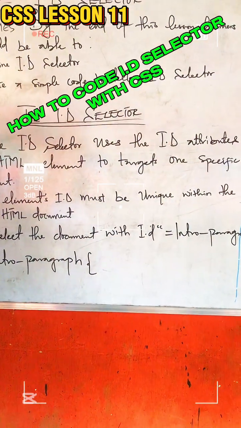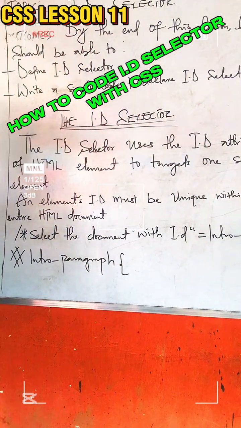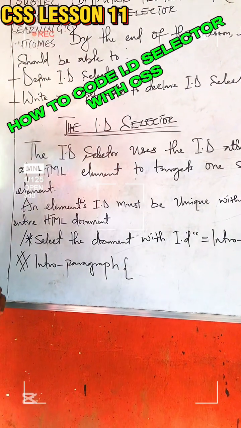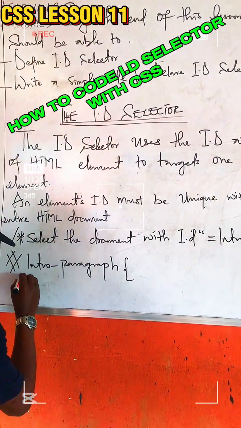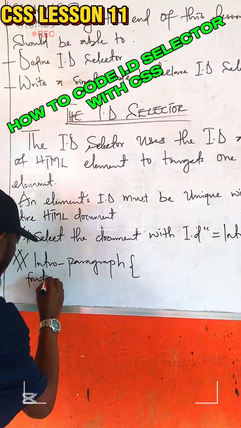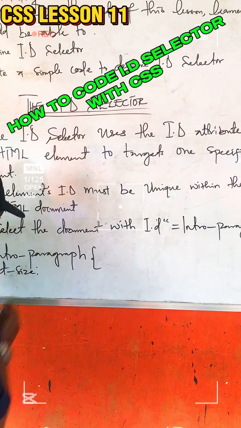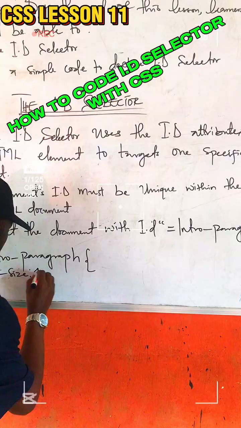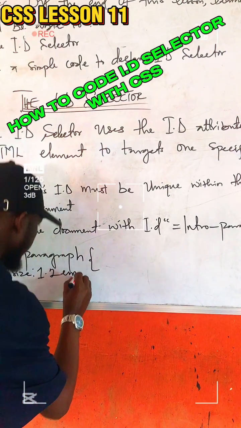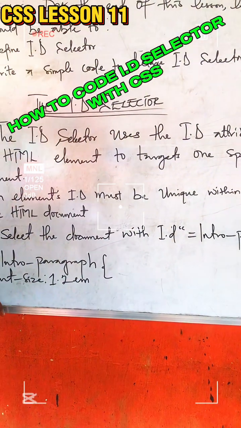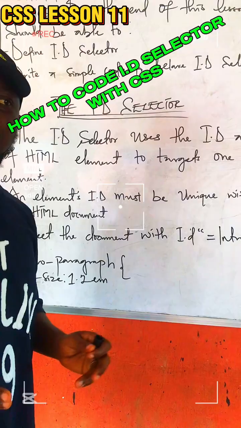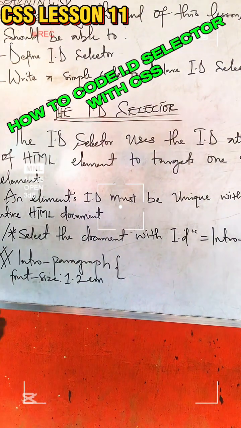Then after this, you have to declare the size of the text you are going to use. So the font size, your colon sign, 1.2 em. Then we end the code by declaring the color you are going to use.